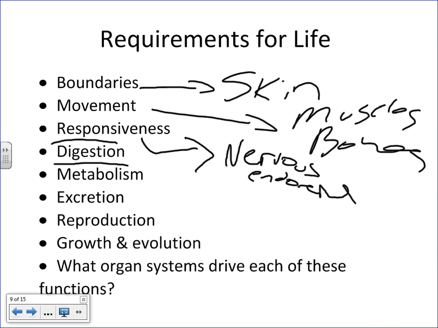All right. Digestion. You could probably do the math on what system we use for digestion. The digestive system. Digestion, to simply put it, is breaking food down into its simplest form. We break food down into its smallest building blocks, its smallest parts, so we can absorb it into our bloodstream and make use of it. But the digestive system is more than just breaking down food.